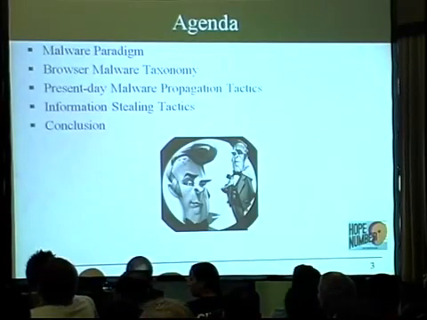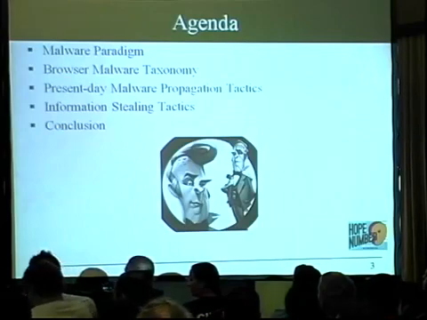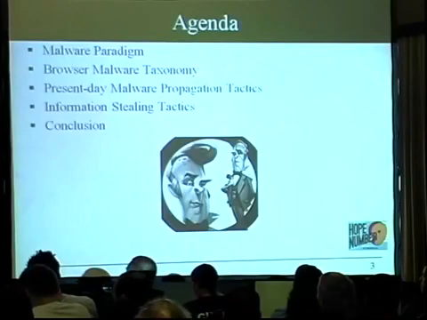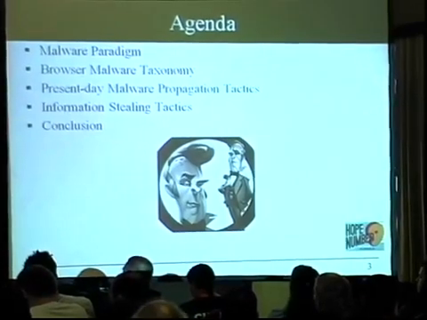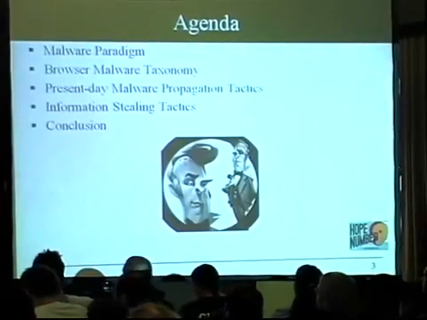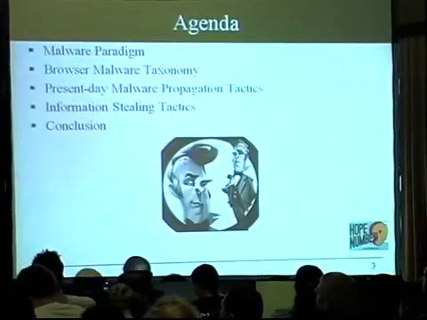We're going to talk about present-day malware propagation tactics, and I'm going to run some demos. At last, we're going to talk about information stealing tactics, or data exfiltration strategies used by the botnets nowadays, and a bit of conclusion.